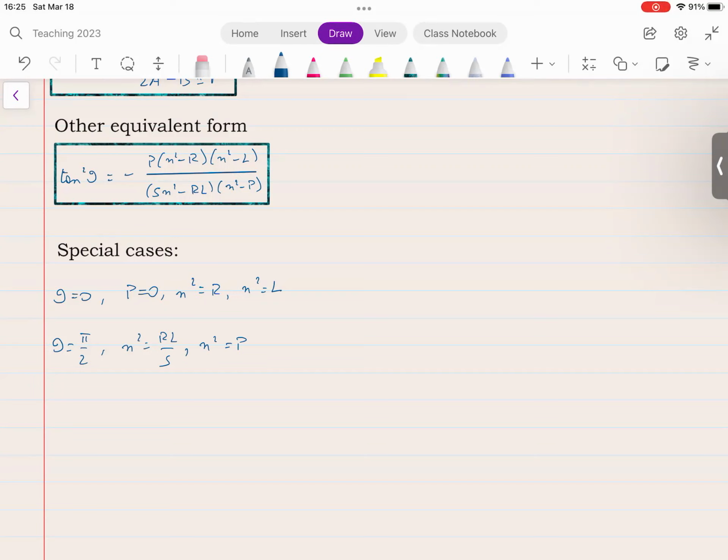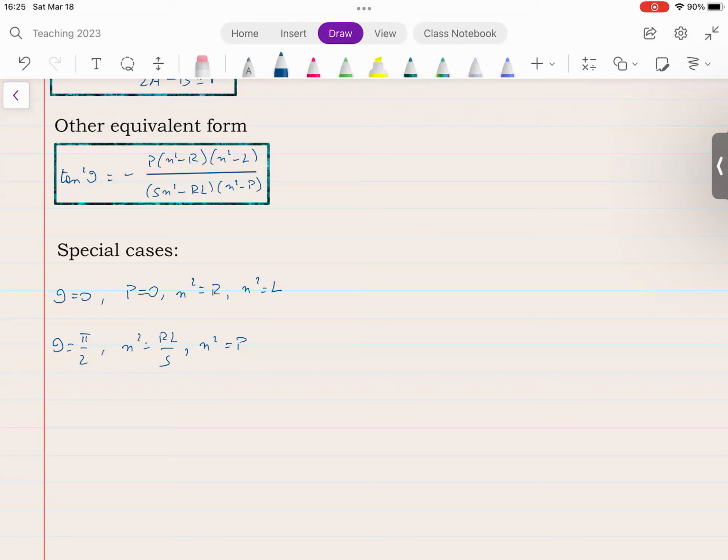I've said in the first case, the numerator equal to 0, and there are three options for making that equal to 0: either P is 0, or n square is equal to R, or n square is equal to L. In the second case, theta equal pi over 2 gives me an infinite tangent. And to get that, I need the denominator to be 0, and that's given by n square is equal to RL over S, or n square is equal to P.